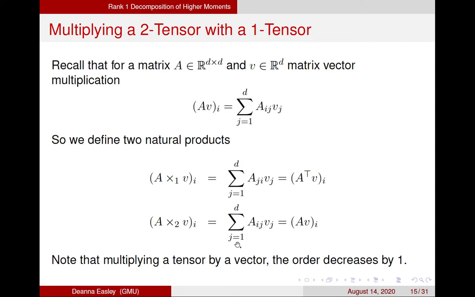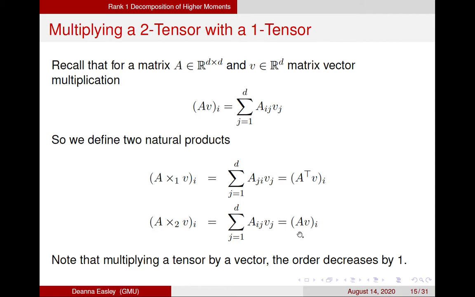We can see here that the 1-mode product, where we're summing over the first index of the matrix, is equivalent to the matrix transpose times a vector, and the 2-mode product, where we're summing over the second index of the matrix, is equivalent to the conventional matrix vector multiplication.